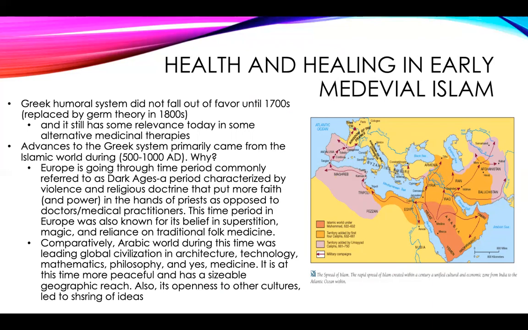By the time we reach the end of this time period, which is still fairly early, around 750 AD, it has become a much larger area than what it initially started as.